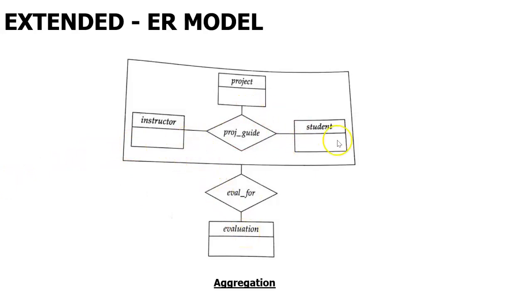Instructor and student have a project guide relationship, and the project entity is also related through the project guide. Similarly, evaluation should be linked with the help of a relationship, that is eval for. Now two different relationships are being joined. This happens with the help of the aggregation process.